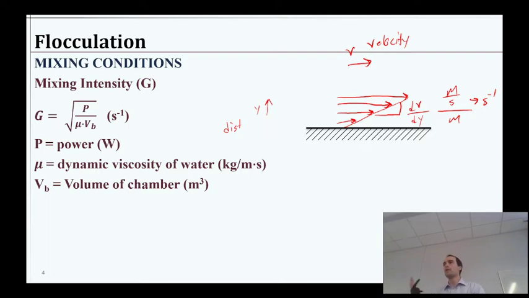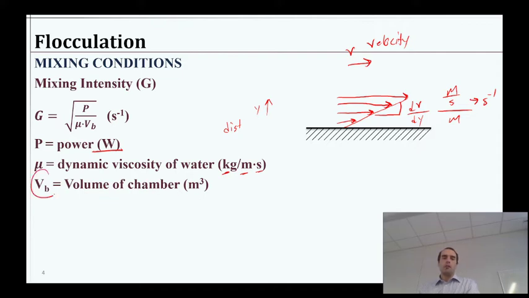So those are the three things that go into it, and they're captured in this equation by the square root of power in watts, the dynamic viscosity of water. So we have kilograms, meters, and seconds. Watts are also in those units if you were to dig it apart. And then the volume of the chamber.